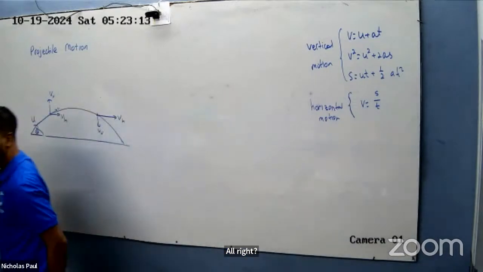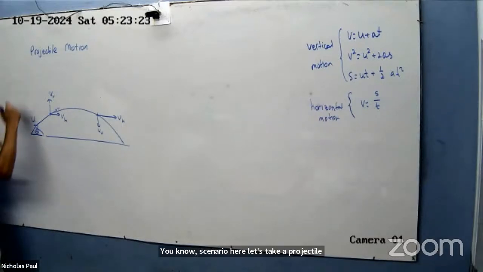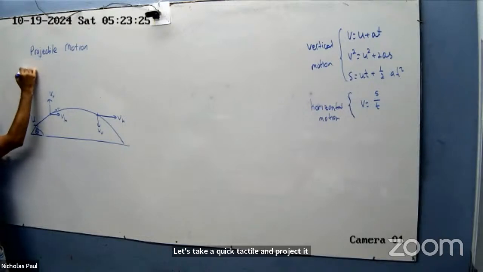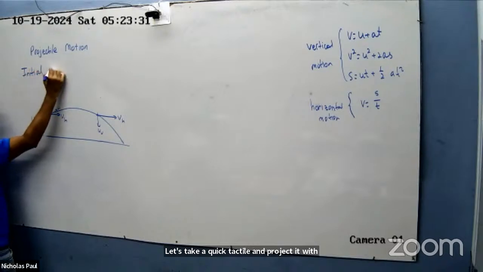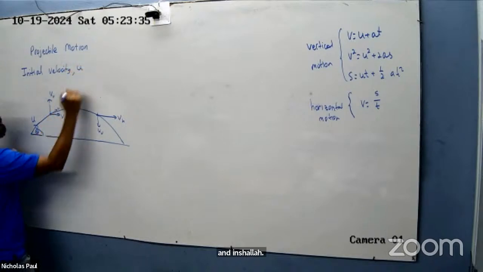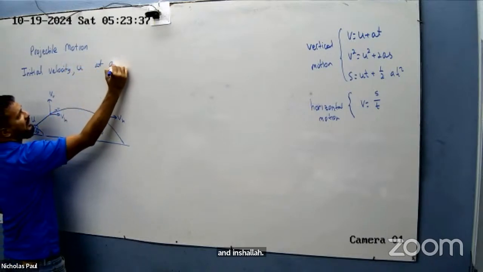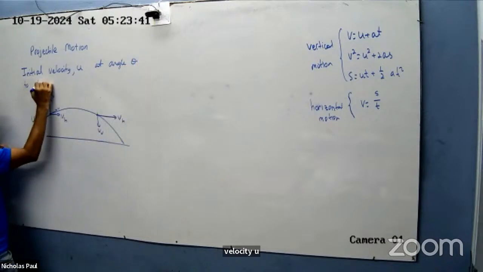All right. Ready? So, in our scenario here, let's take a projectile and project it with an initial velocity u at an angle theta to the horizontal.